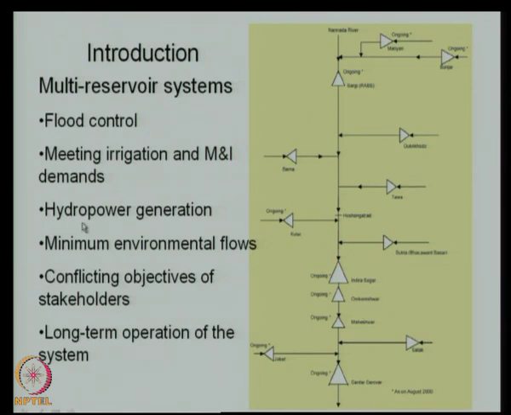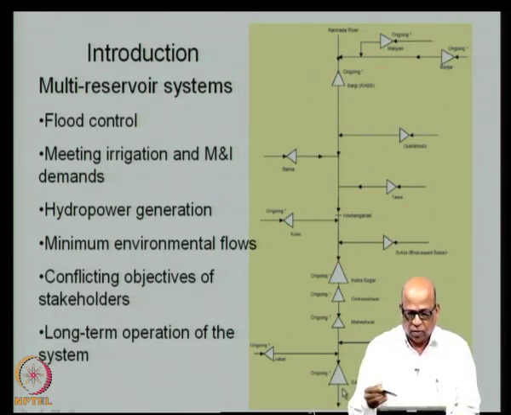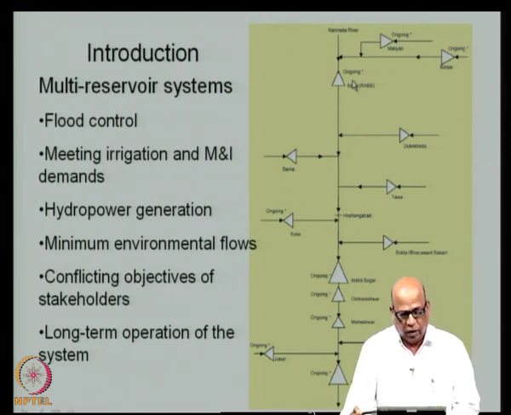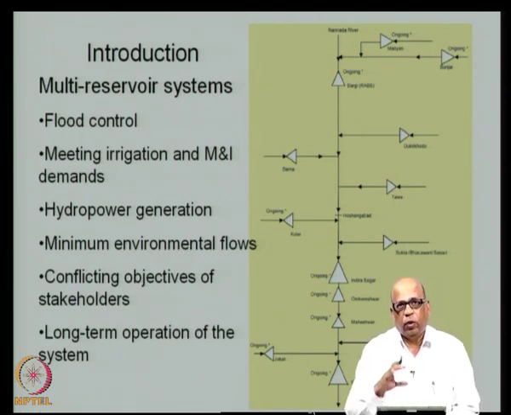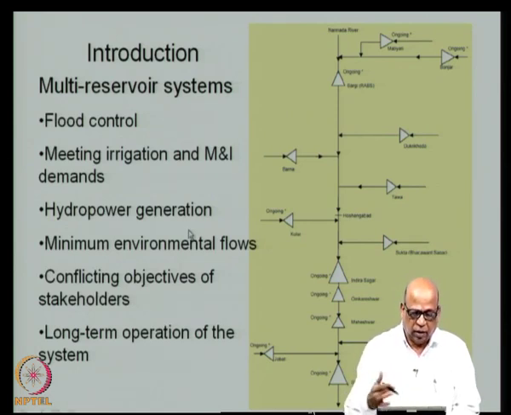You would like to maximize the hydropower generation at various locations. You may have hydropower at Sardar Sarovar, at Indira Sagar, at Bargi and so on. You would like to maintain the minimum environmental flows, because if you hold up a large amount of water, then the flow downstream of the reservoir gets affected. This we will discuss at some length when we discuss some case studies.